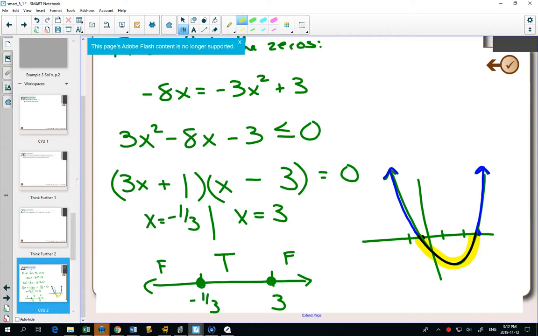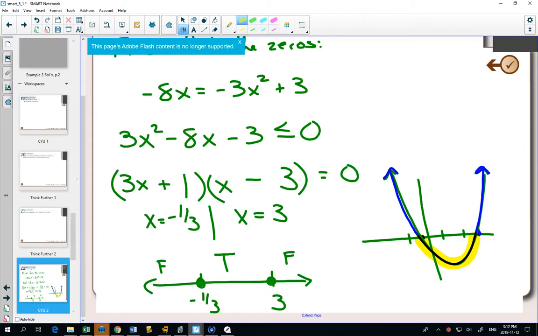If you test a point larger than 3, say 5, if you plug 5 into the equation, well, it's a little bit more math. You'd have 5 squared is 25 times 3 is 75 minus 40 minus 3. Is it going to be less than or equal to 0, or is it still positive? It's still positive, so that section would be false.